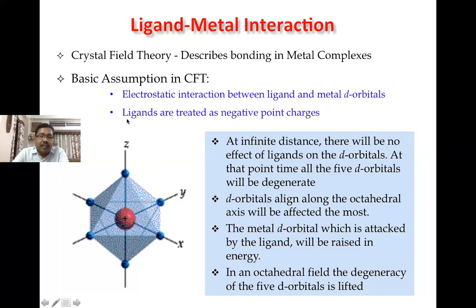So when the ligands come closer to the metal center, the d orbitals which are present in the direction of the ligand will be affected the most, and as a result, those orbitals will be raised in energy. Their energy will be enhanced. The metal d orbital which is attacked by the ligand will be raised in energy.